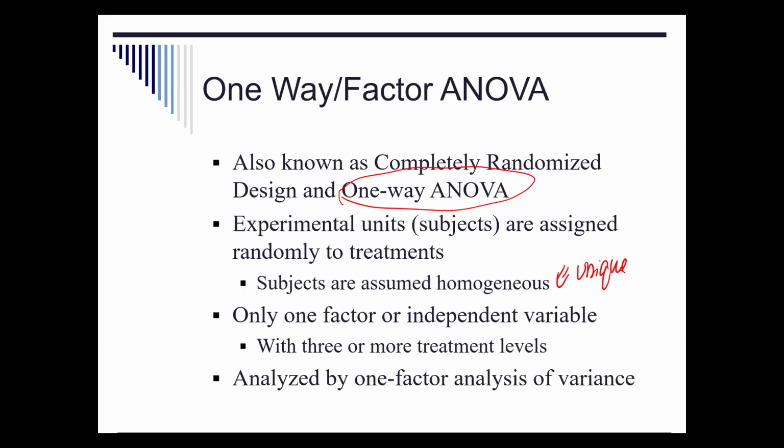Sorry, Professor. Doesn't homogeneous mean not unique? Like the subjects are not unique, but the treatments are different? Oh yes, subjects are identical, but the treatments are unique. That's right. Yeah, that's a mistake.